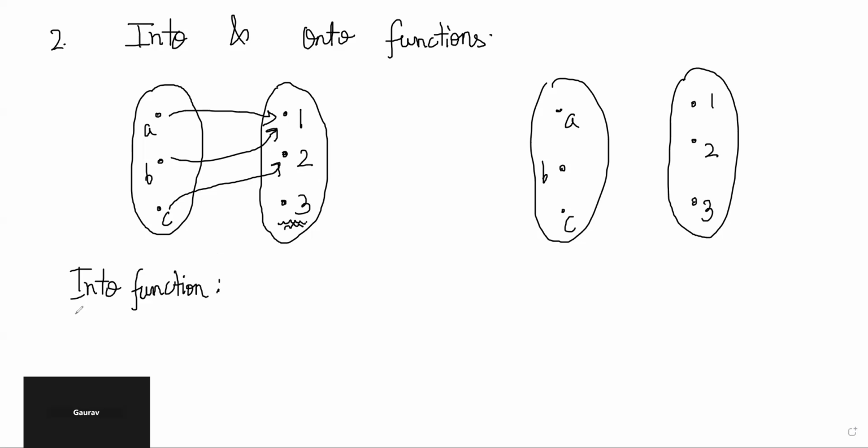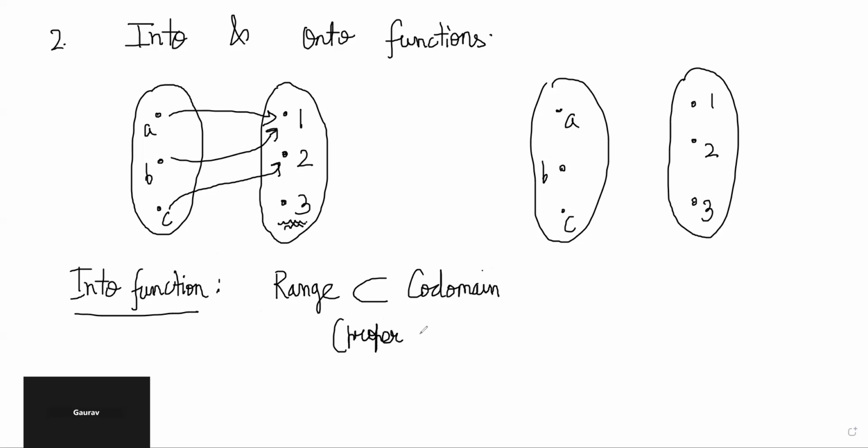An into function is a type of function where range is a proper subset of codomain. This is the symbol for proper subset, which means that range is smaller than codomain. Range is a subset of codomain. Range is not equal to codomain.